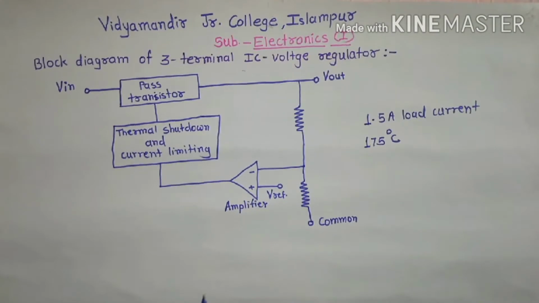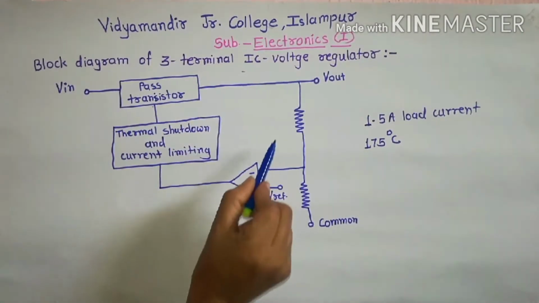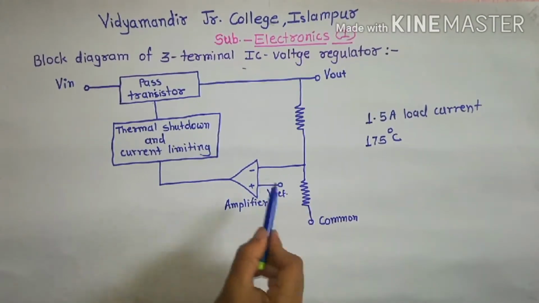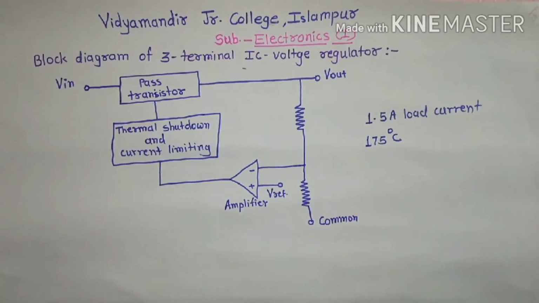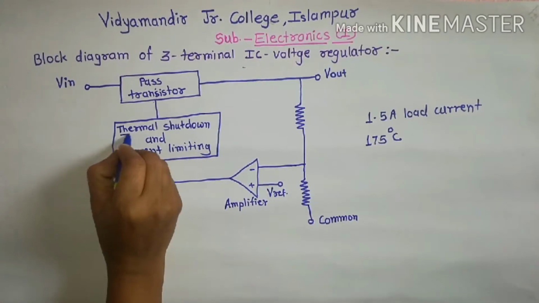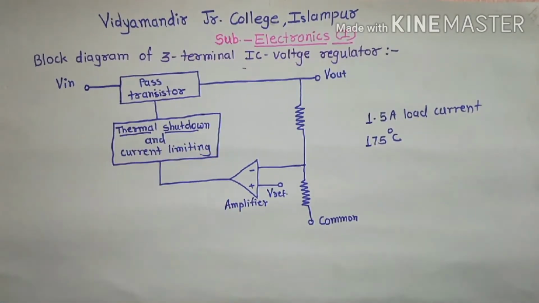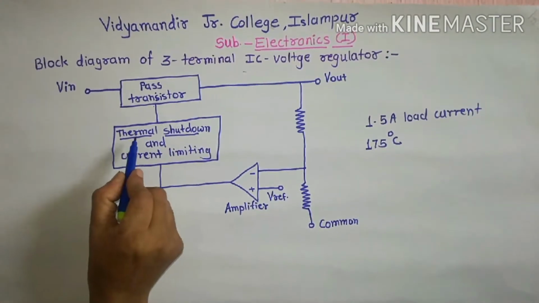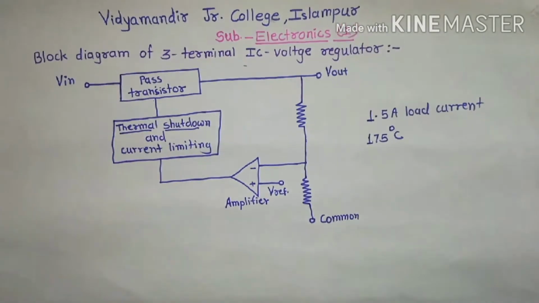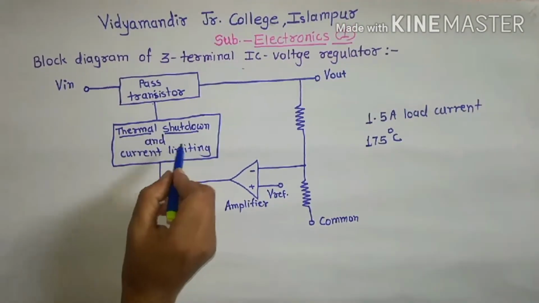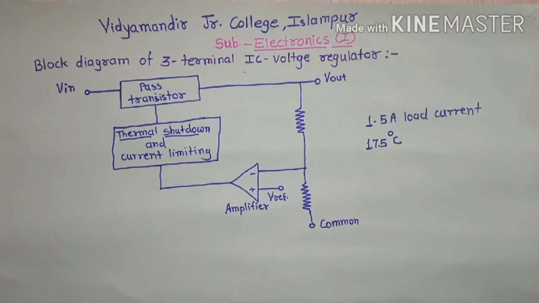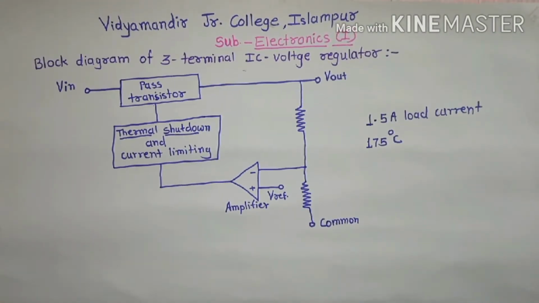That is, when the internal temperature of the IC goes beyond 175 degree Celsius, this IC automatically turns off, and what is this condition called? Thermal shutdown. Because of this thermal shutdown, the pass transistor is protected, and for this thermal shutdown current limiting technique is used. For current limiting, heat sinks and fans are used.